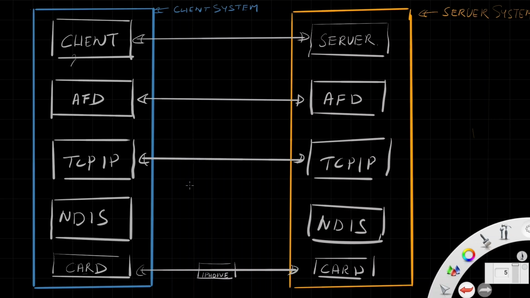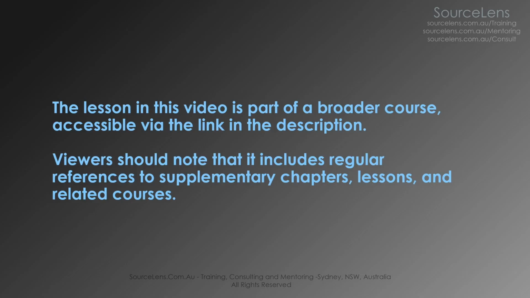In this case, it is TCP/IP. Similarly, NDIS and the card, it's all one and the same thing. It's a physical layer dealing with shuttling bits of data. Whatever ones and zeros come here, they have to come exactly as they are here. So that is the single most important purpose of the NDIS layer or the physical layer.